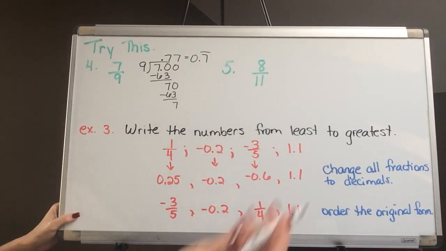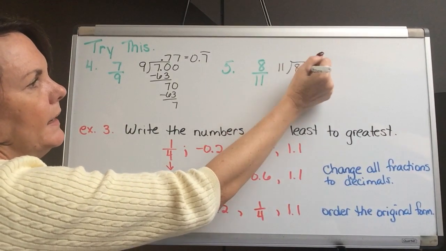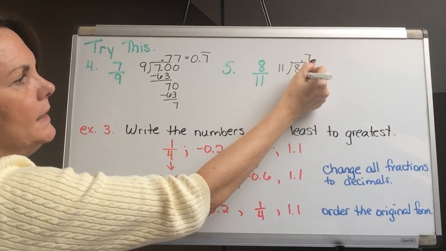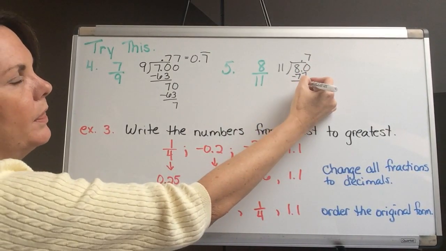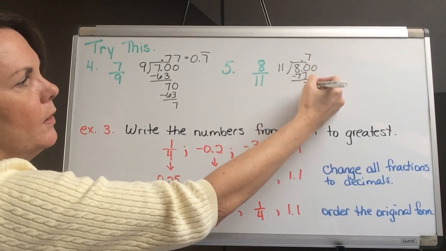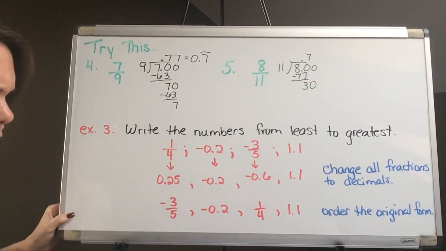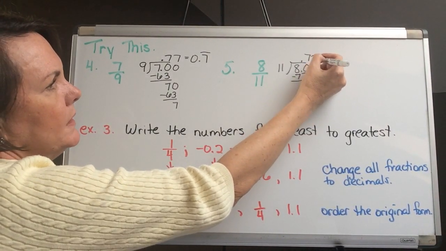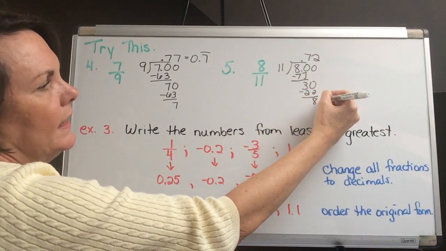Look at the next one, 8/11. So again, 8 is being divided by 11. Add the decimal point, bring it up and add a 0. And that's going to be 77, and that's going to give us 3. Add the 0, bring it down, 30, and we start again, and then this is going to be 2, 22, and that gives us 8.